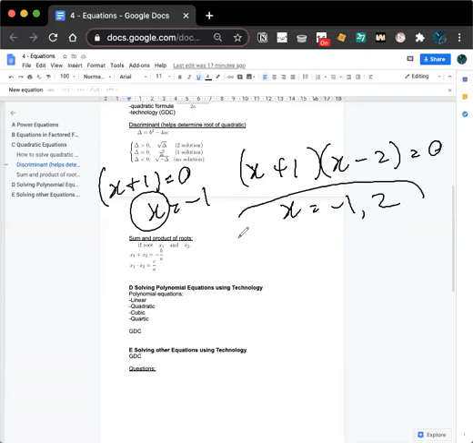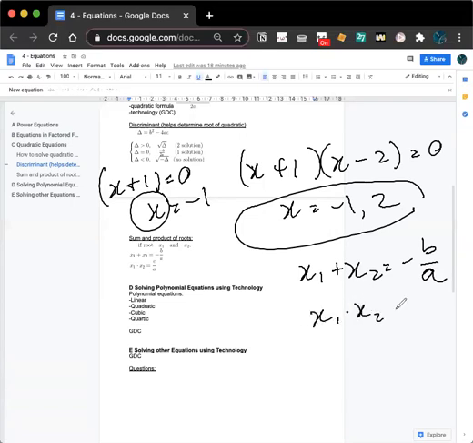If you have these two roots, you have the property that the first root plus the second root equals minus b over a. Multiplying those roots would result in c over a.